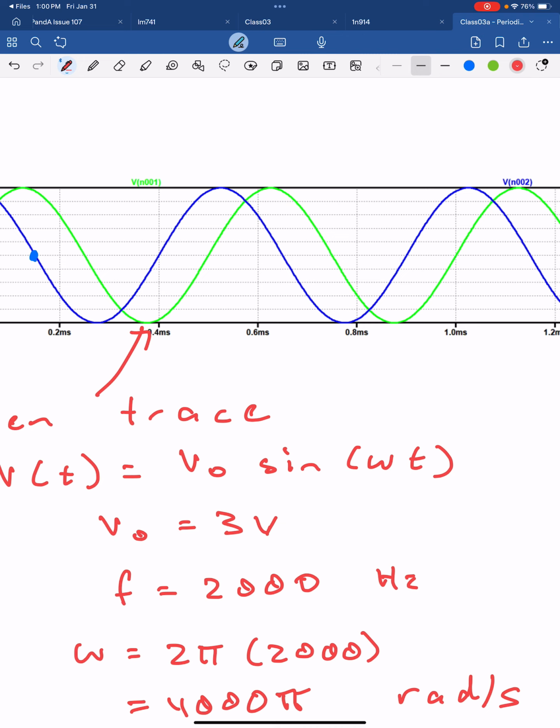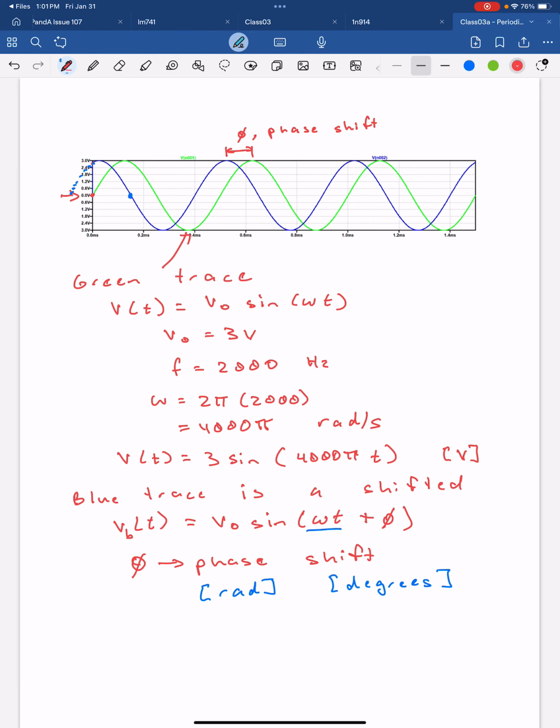If I pick 2 peaks, there is our phase shift. The blue peak happens before the green peak, and so the phase shift can be either earlier in time or later in time.